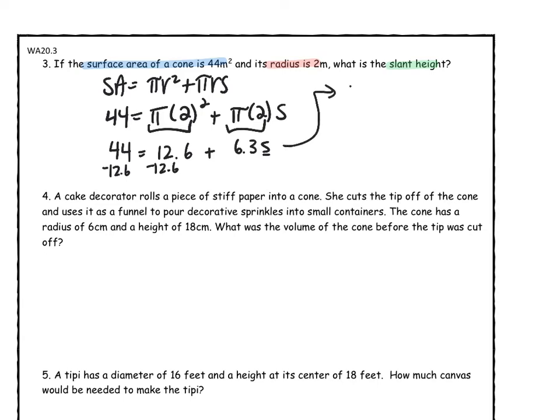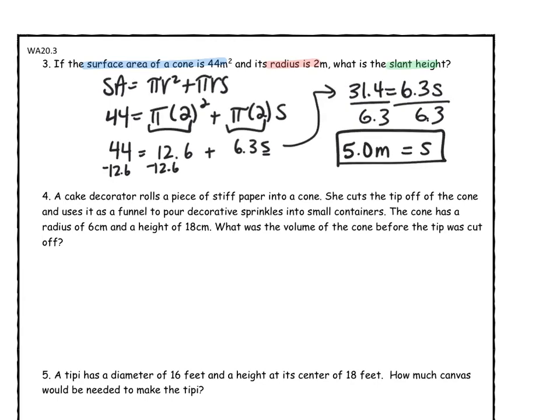So 31.4 equals 6.3 times s. So I'm going to divide by 6.3 on both sides. And that gives me a slant height of 5.0 meters.